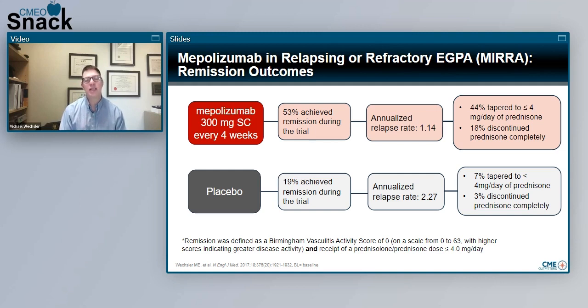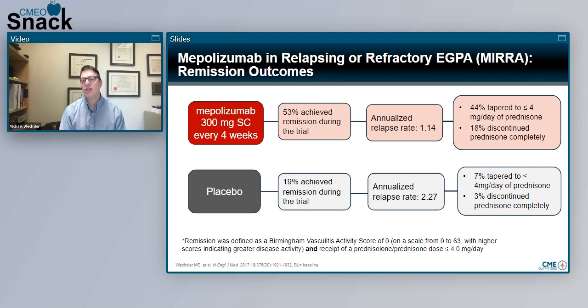And that was despite the fact that patients treated with mepolizumab reduced their corticosteroid dose by about 50%. In the clinical trial, patients treated with mepolizumab were able to go from 11 milligrams a day down to about 5 milligrams a day by the end of the 52-week study. Whereas patients treated with placebo stayed on about 11 milligrams a day throughout the 52 weeks.